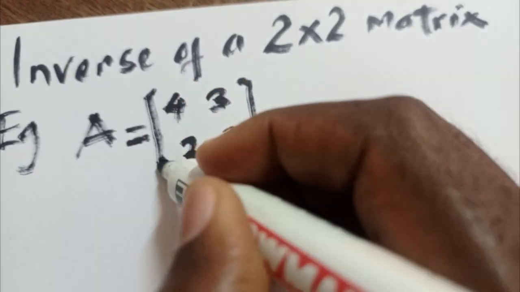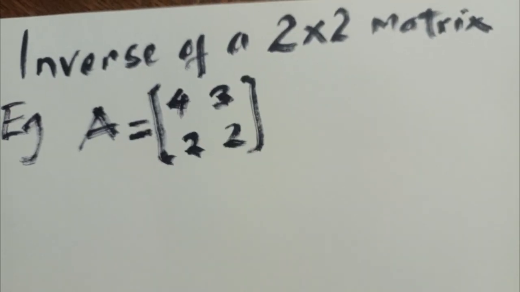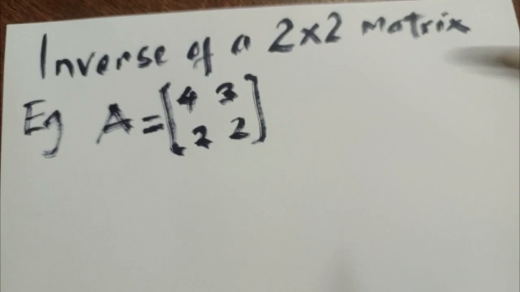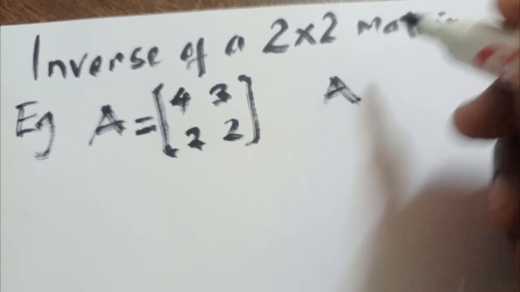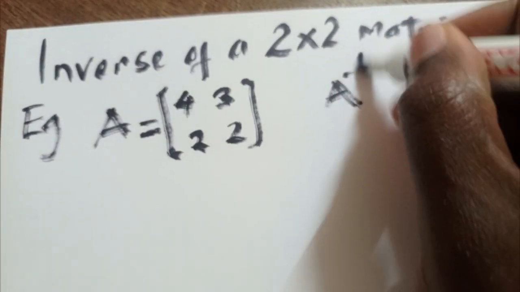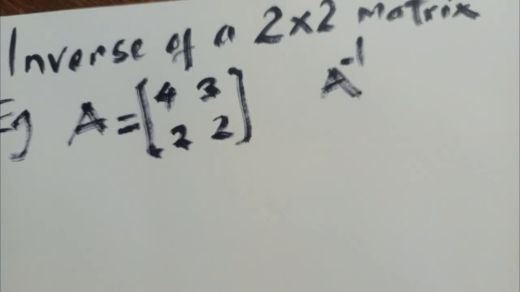That is an example of a 2 by 2 matrix. Then you are asked to find its inverse, written as A inverse.